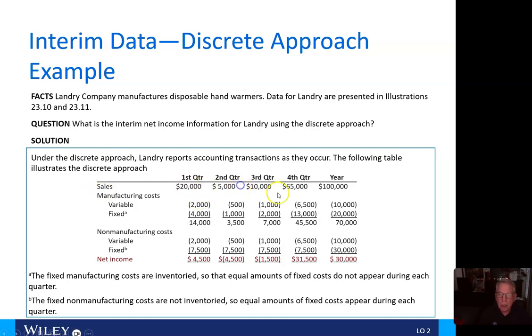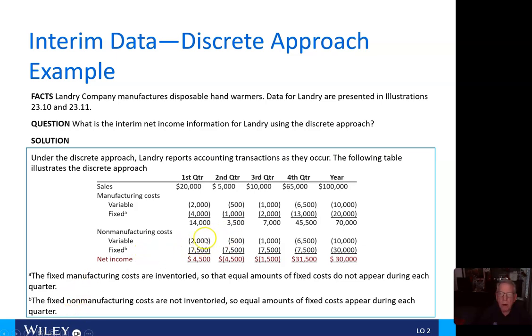And as you can see, here is the sales, the variable costs, the fixed costs for manufacturing, and then the non-manufacturing variable and fixed costs, and the total net income. The fixed manufacturing costs are inventoried, so there are equal amounts of fixed costs that do not appear during each quarter.